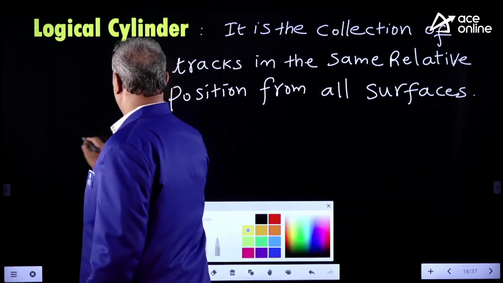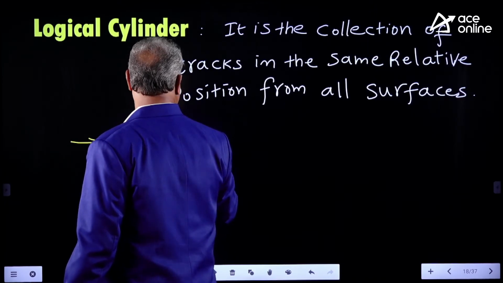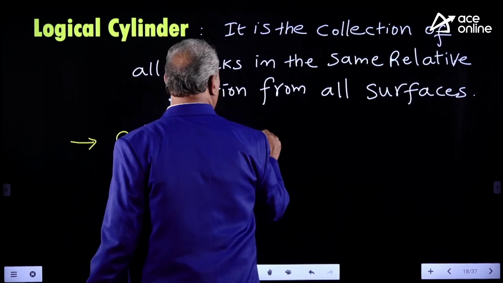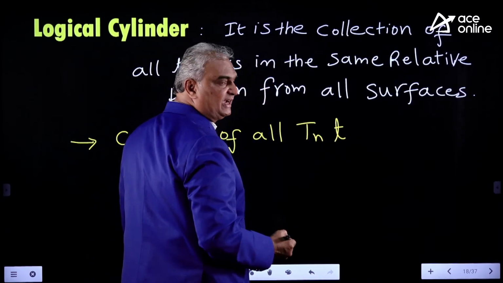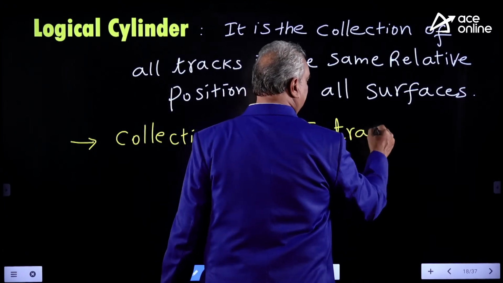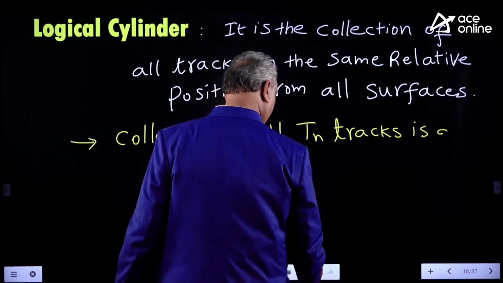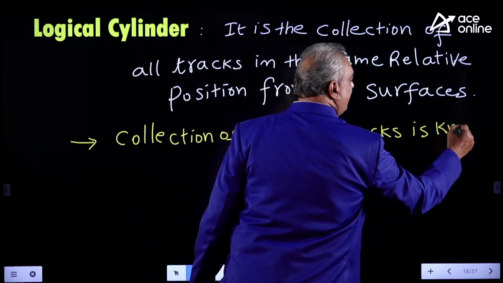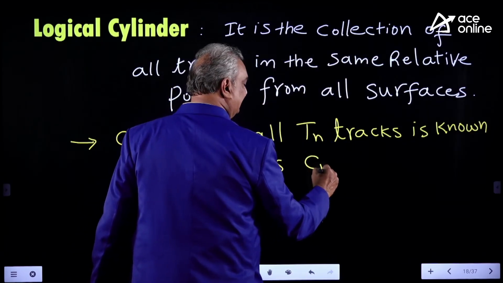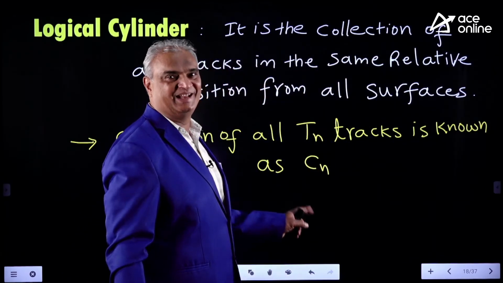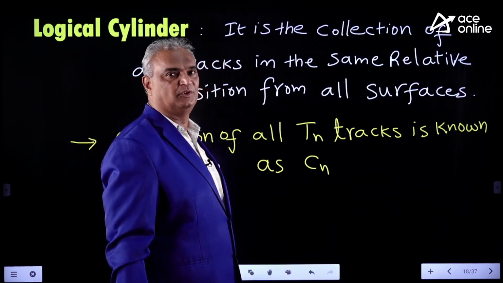Finally, collection of all Tn, Tn means nth track number, tracks is known as Cn. What is Cn? Cylinder number n.